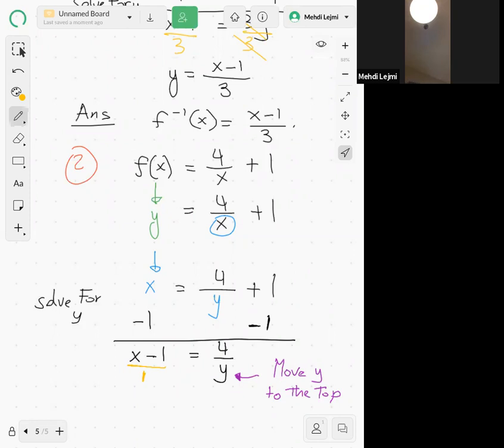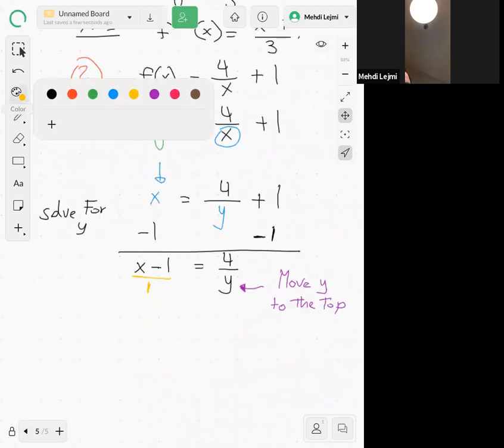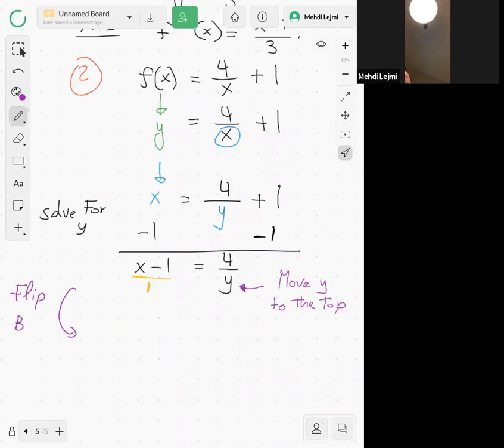So if you flip both sides, that'll be 1 over x minus 1 on the left, and on the right y over 4. So I just took the reciprocal of the two fractions.